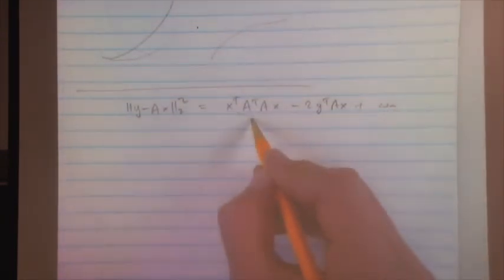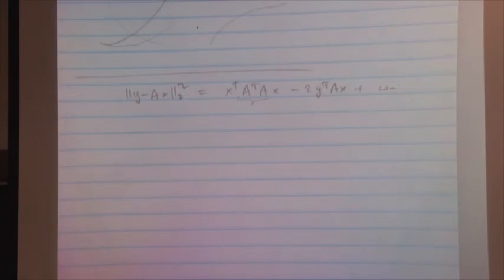And look, this is a quadratic function. What do we need for a quadratic function to be convex? We need its quadratic form to be positive semi-definite. A transpose A is always positive semi-definite for any matrix A. So least squares loss is always convex, no matter what that matrix A is.